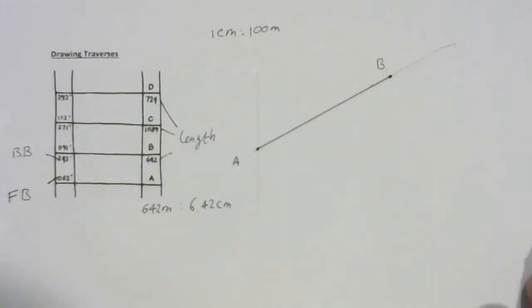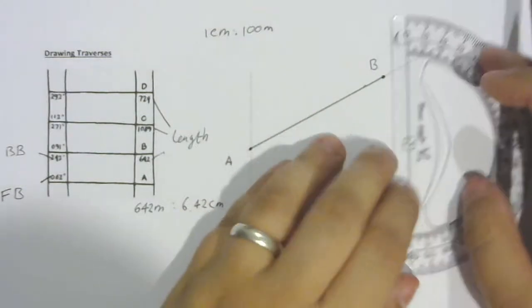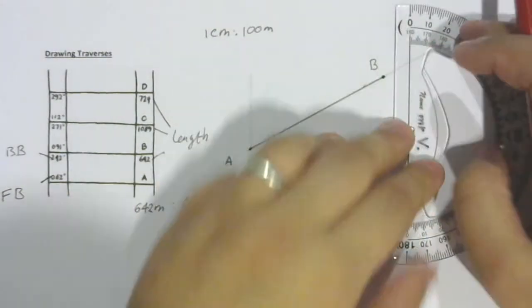Same thing for the next one. So I'm going to draw in a bearing of 91 degrees.